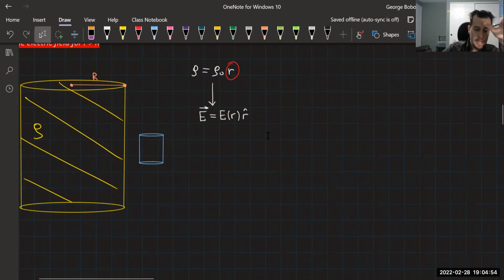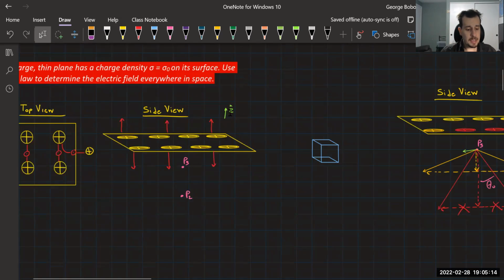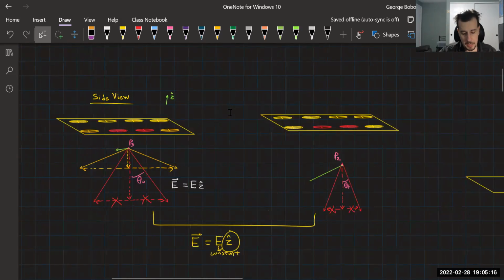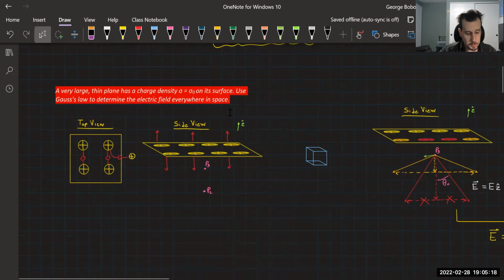Okay, having said that, I need a surface now, again, where the electric field on it, right? Or at least at some part of it. Remember, it doesn't have to be the whole thing that experiences the same electric field strength. It can be just a part of it, just like we did with a Gaussian pillbox yesterday. It can just be a part. We didn't do yesterday, actually, it was a while ago.